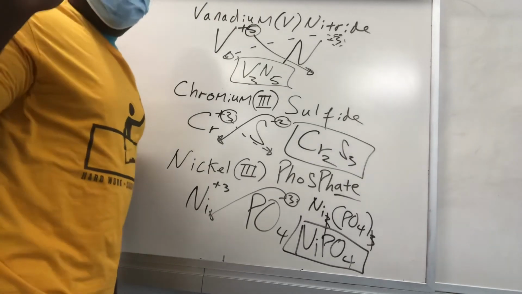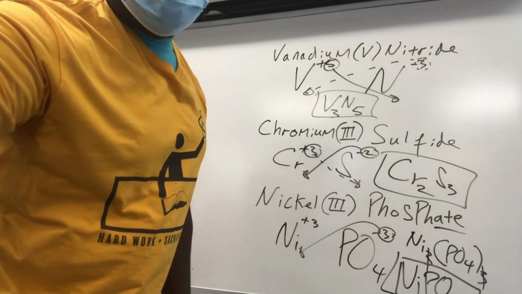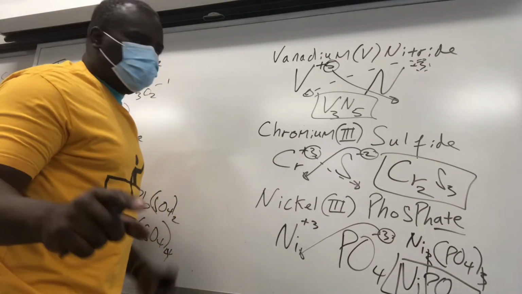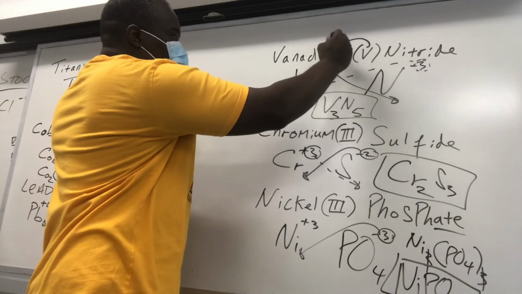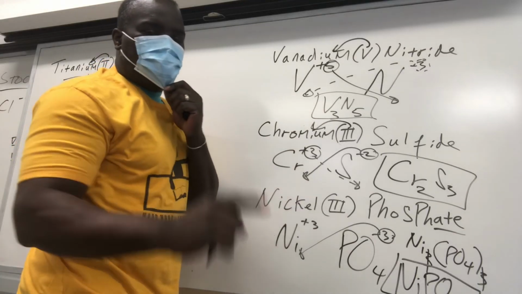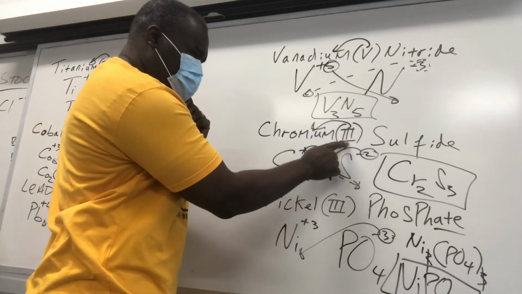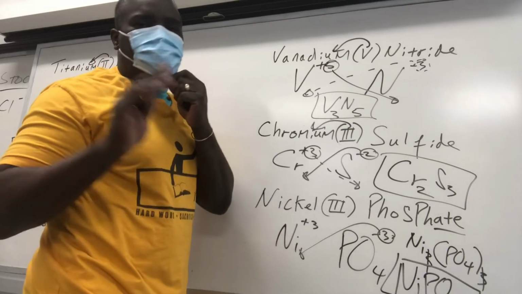All right, guys. As always, hard work and sacrifice equals success. Writing the formulas is very, very easy. Just follow some very, very simple steps. The Roman numeral is always for the metal ion. Okay? You don't mix and match. If you see a 3 there, that means +3. If you see a 5 there, that's +5. Don't put what you think it should be.